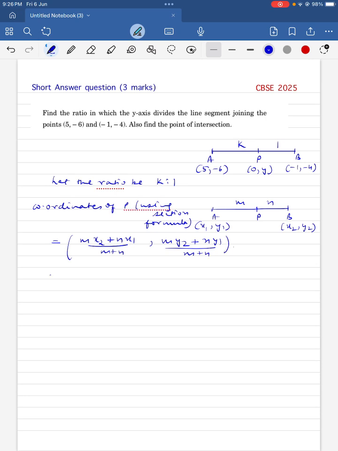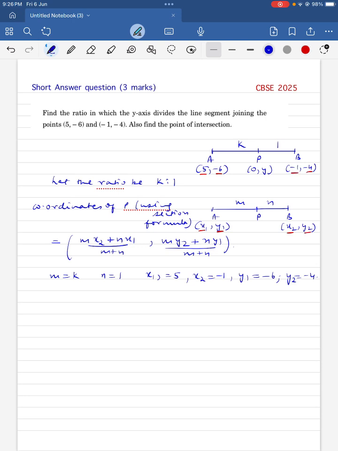So the value of m is equal to k and the value of n is equal to 1. And the value of x1 is equal to 5, x2 is equal to -1, y1 is equal to -6 and y2 is equal to -4. Okay, I got these values by comparing x1 to 5, y1 to -6, x2 to -1 and y2 to -4.